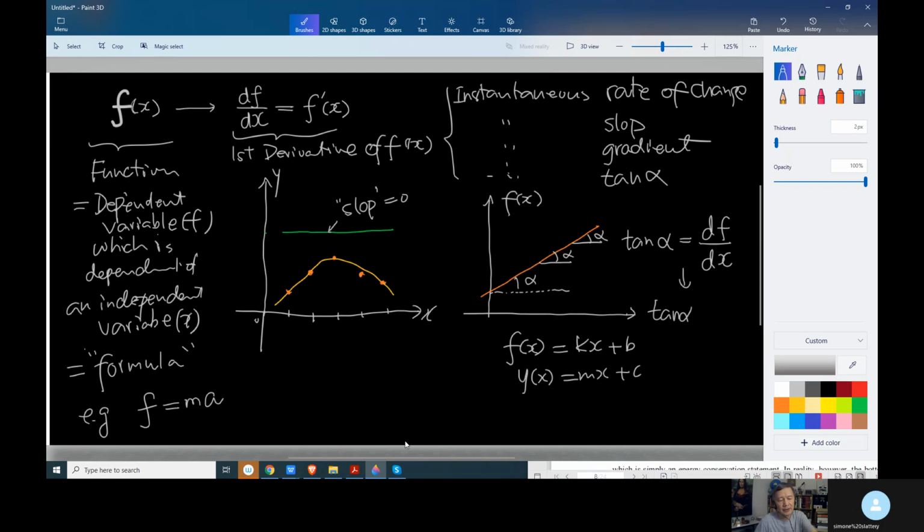Because in algebra you can use any letter to represent anything. Yeah. That is the essence of algebra. Now in this particular case, we don't have to use this abstract notation. We can simply use delta f and delta x. Whenever you say delta, how do you understand this delta?